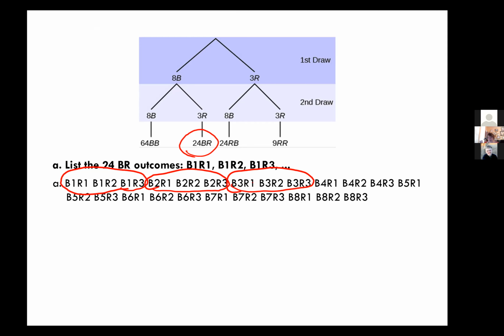The fourth blue, you could get 3 possible reds. The fifth possible outcome in the first draw would be that you could get a blue, and each one of those could be red, or 6, or 7, or 8. So the B1 represents the possible outcome that you get a blue, then you could get a red. The first outcome could be that you get a blue or red. The second outcome, you get a blue or a red. Third outcome, you get a blue or a red, etc., etc.